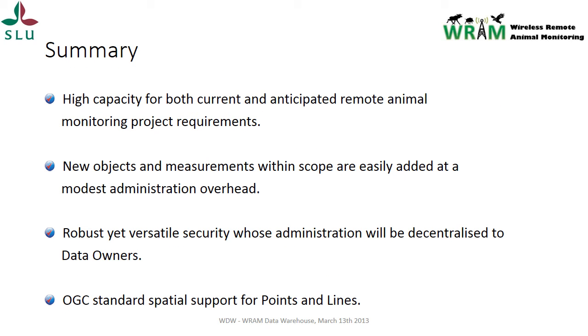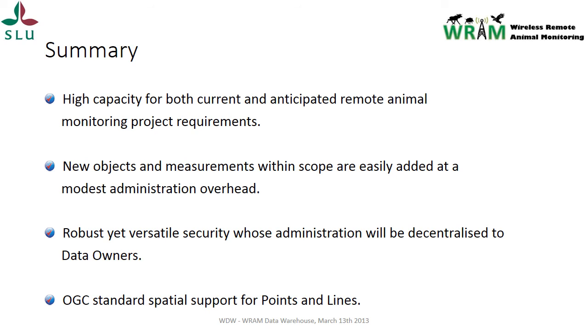So, let's recap this part of the presentation. Aware of the limitations of the WRAM 1 system, and with attention to both expected storage and usage scenarios, the WRAM 2 model has been designed with an emphasis on being generic, manageable, and sustainable.